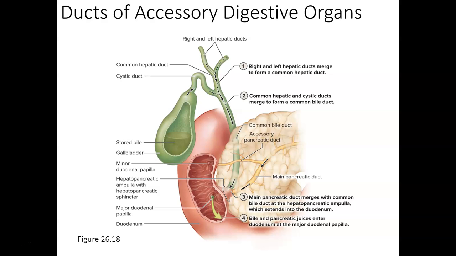Now let's look at the accessory digestive organs such as the pancreas as well as the gallbladder. Even though it's not shown here, the liver already has the ducts, the left and right hepatic ducts.